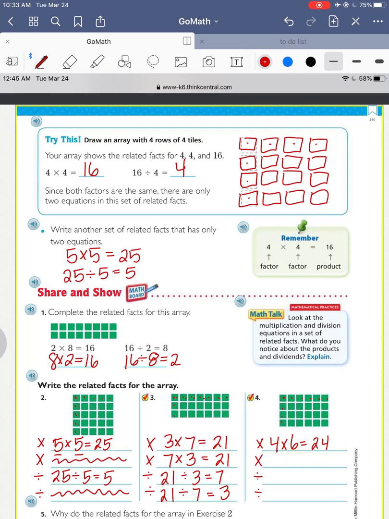Then you do the opposite, so there's 6 across, times 4 down, which would be 24. Then do division. 24 divided by 4 rows gives us 6 in each row, or 24 divided by 6 rows would give us 4 in each row.